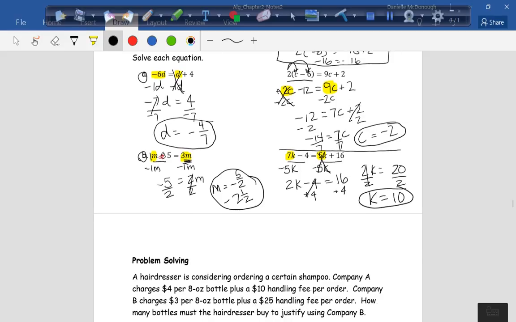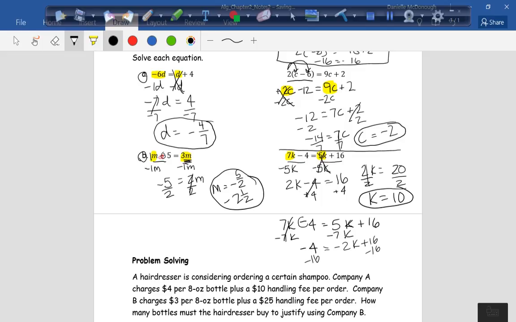And I'm going to steal kind of the top part of this page right here. If I go back to the original problem here, and let's just say I subtract 7k from both sides. If I just do the opposite, now I have negative 4, because remember this negative sign belongs with it, equals negative 2k plus 16.